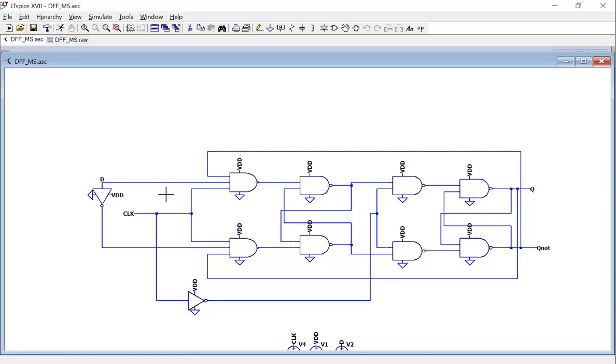So when the first stage is sampling, the second stage is not functioning, so it's storing the data over here. Okay, but at the falling edge of the clock, whenever this line is falling, it's being inverted, so this line becomes rising. And it's going to send the data stored here to here.